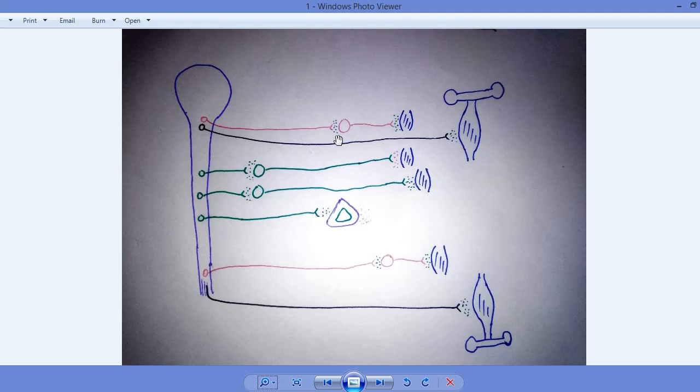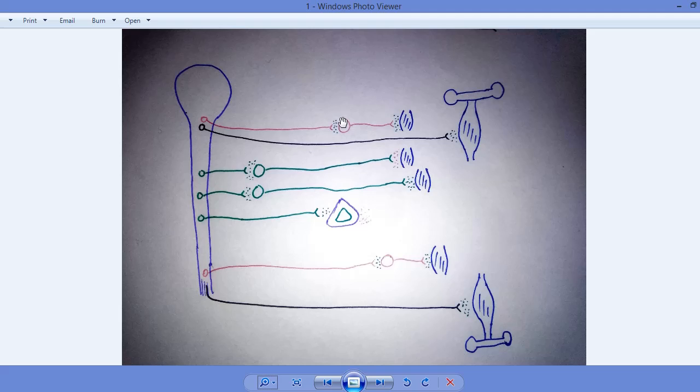It may be between the axon and the cell body, between the axon and dendrite, or between dendrites. Over here, this synaptic cleft is made between the axon of one neuron and the cell body of another neuron.